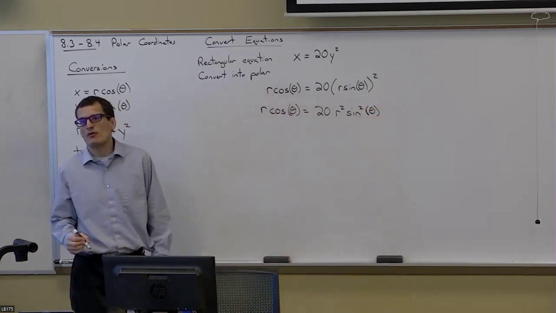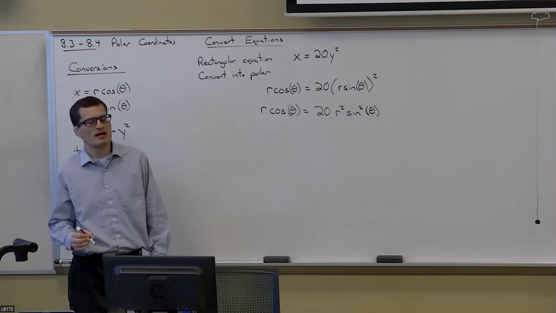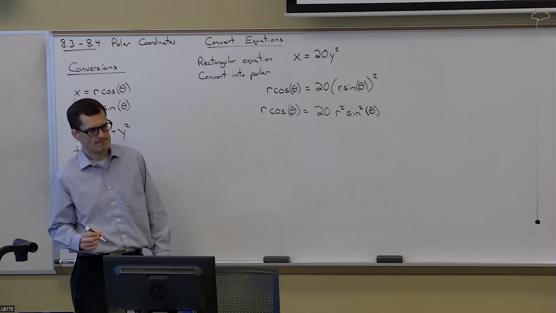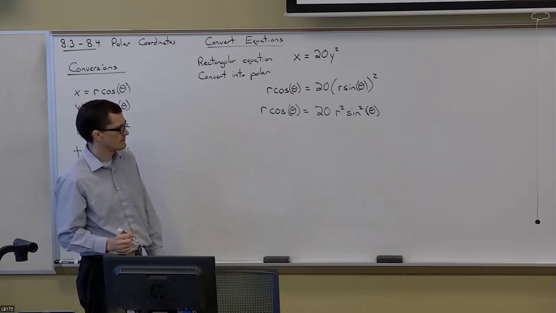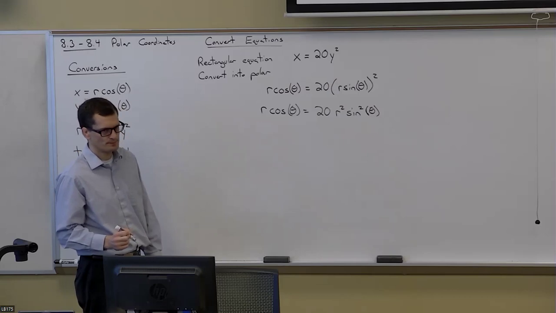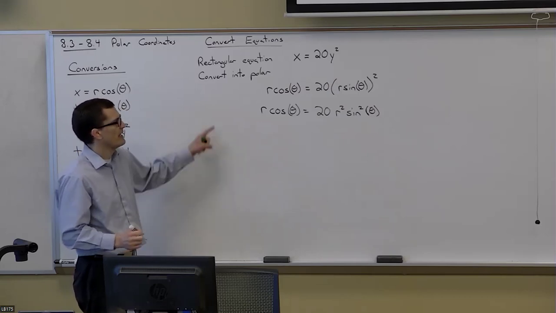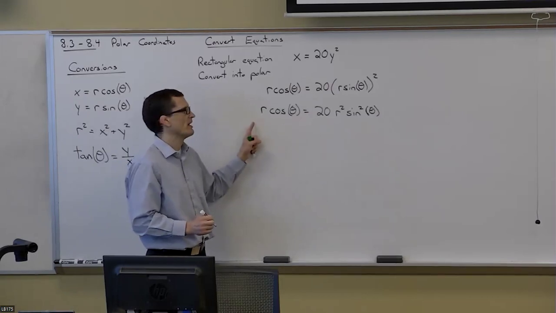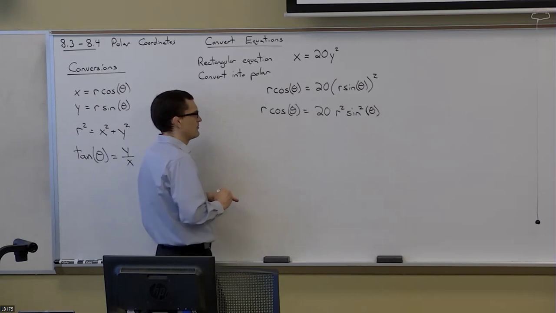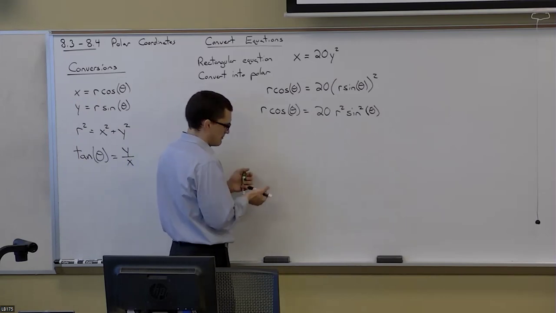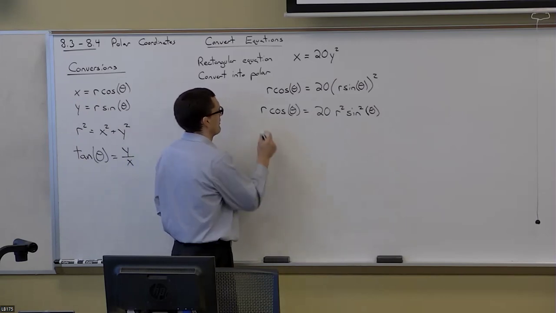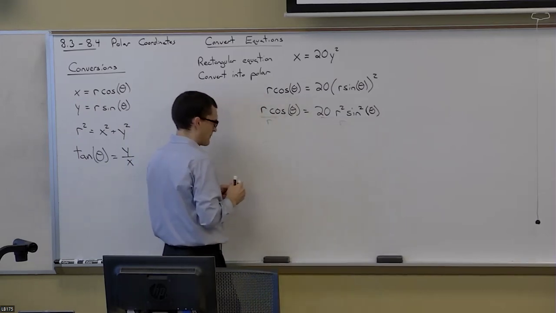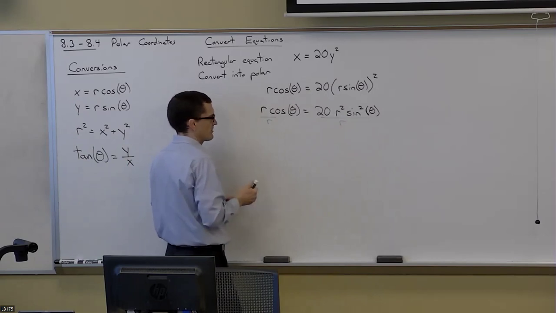When I square that right side, I get 20 times r squared times sine squared. In this case, since everything is being multiplied, the way to get r by itself is to first divide both sides by r. As long as r is not 0, that's okay to do.